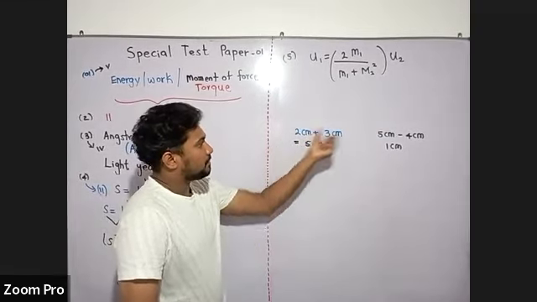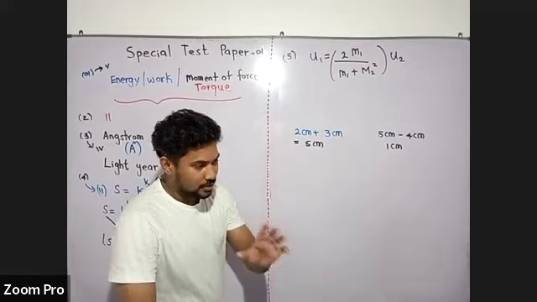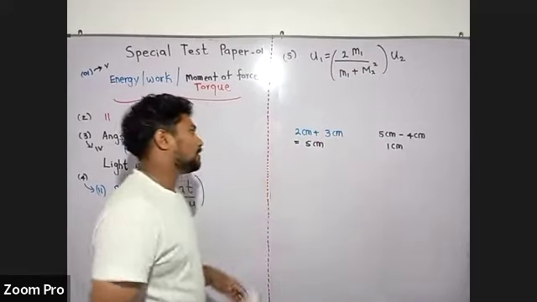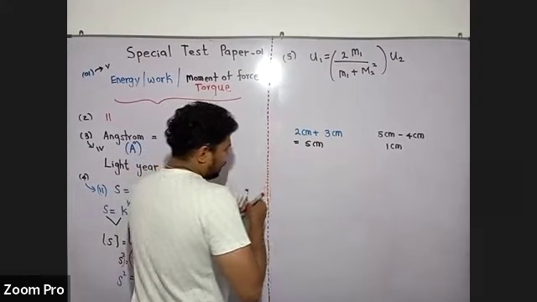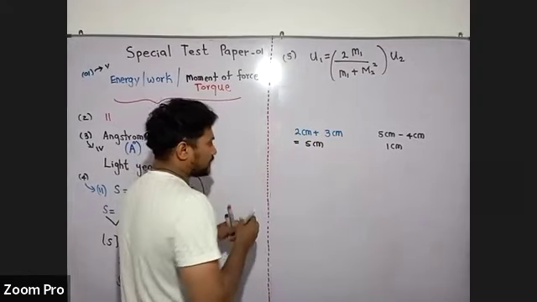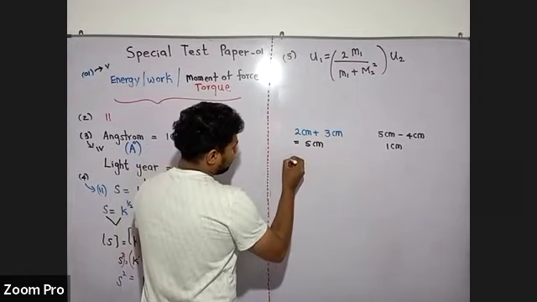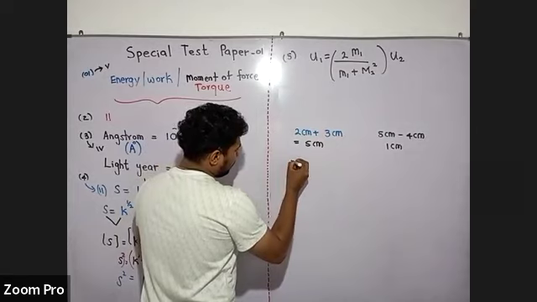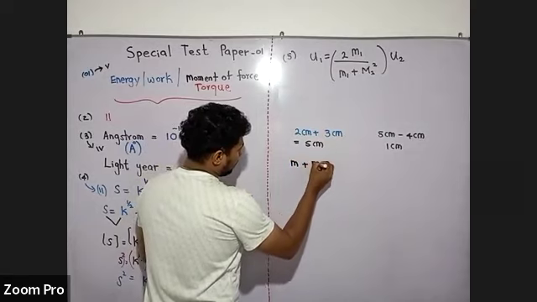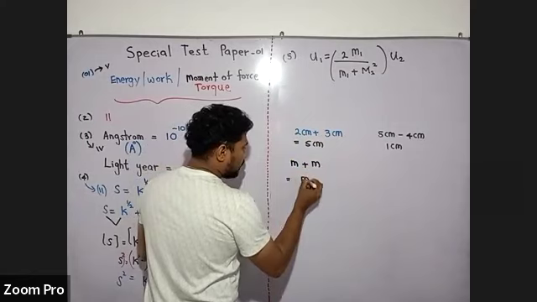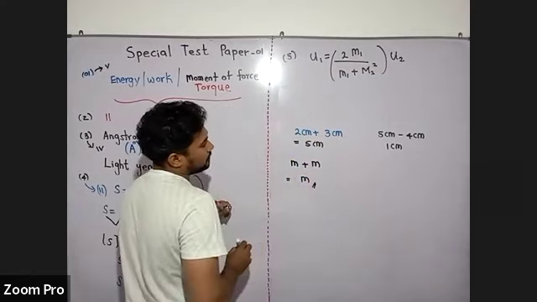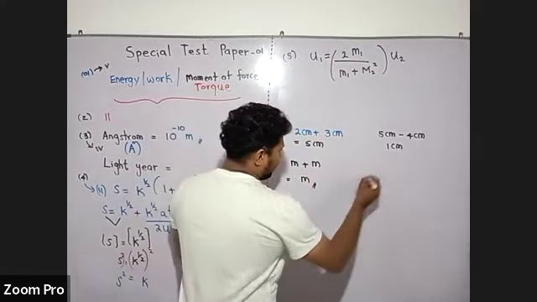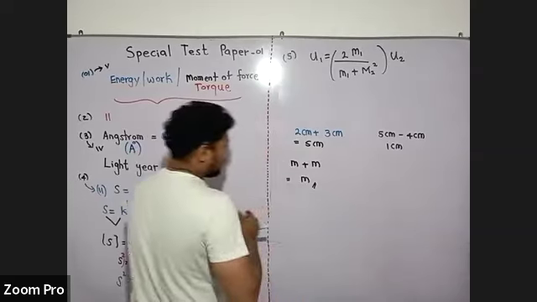Because 2 centimeters plus 3 centimeters obviously gives 5 centimeters. So likewise, in dimensions as well as units, let's take this one. Meter plus meter. Then the answer should definitely be m, right? So likewise, let's take the dimension.